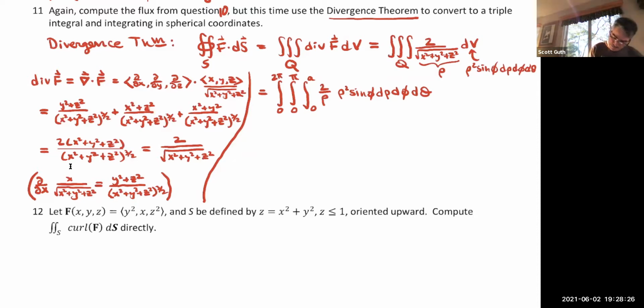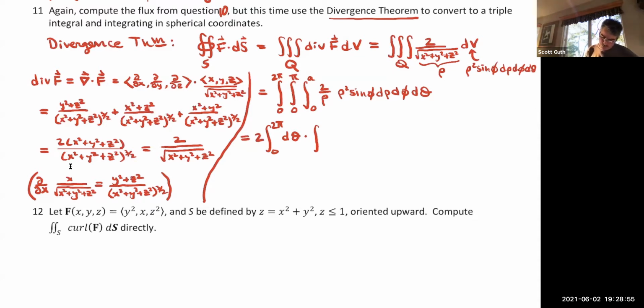And the nice thing is that these are all constant limits, and you can separate these into 3 integrals. You could do an integral from 0 to 2 pi on d theta times an integral. Oh, I should put a 2 out front because there's a 2 in there, isn't there? So let's put a 2 in front.